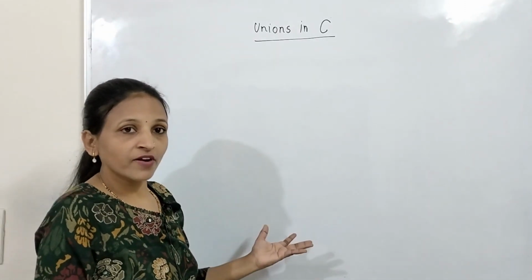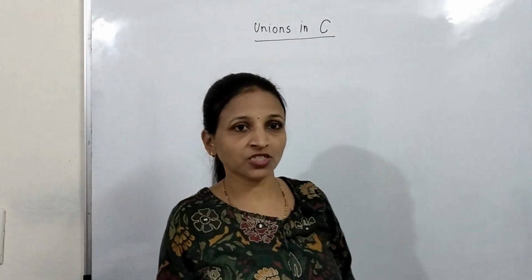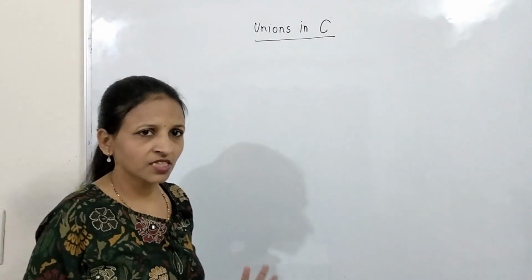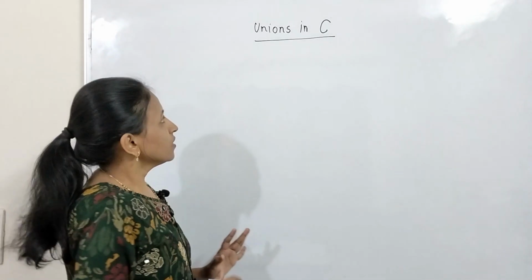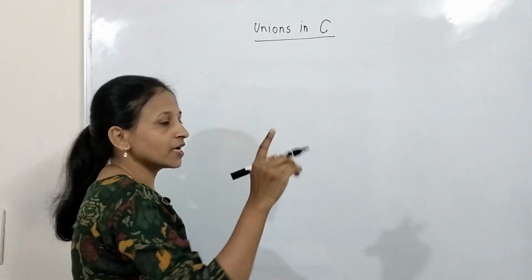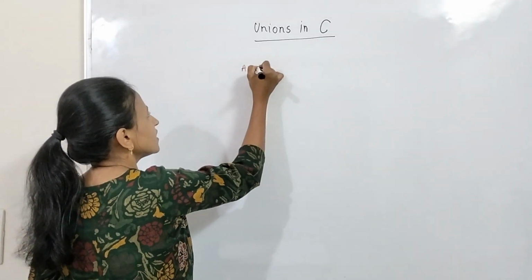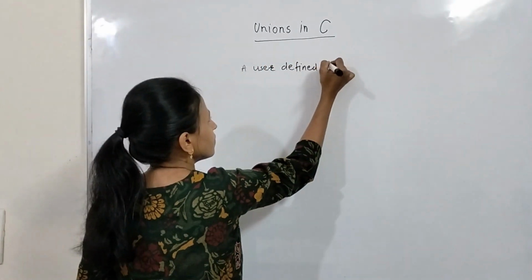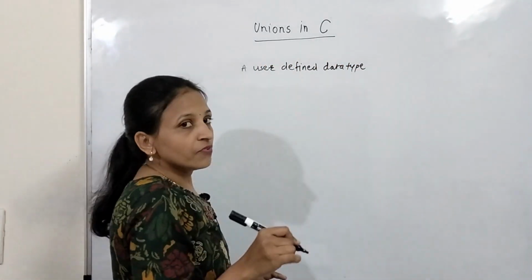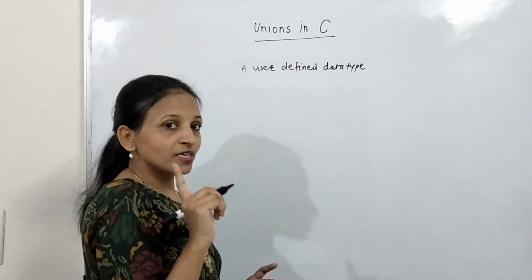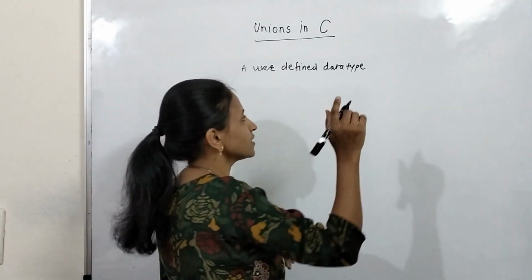Now why is it provided? And what is the difference between structure and union? Everything we have to see in this session only. Now see, what is a union? Union is again a user defined data type that will group together different data type elements. Again the same thing.